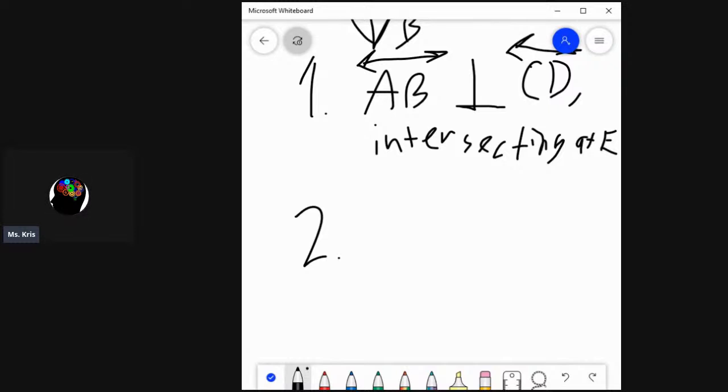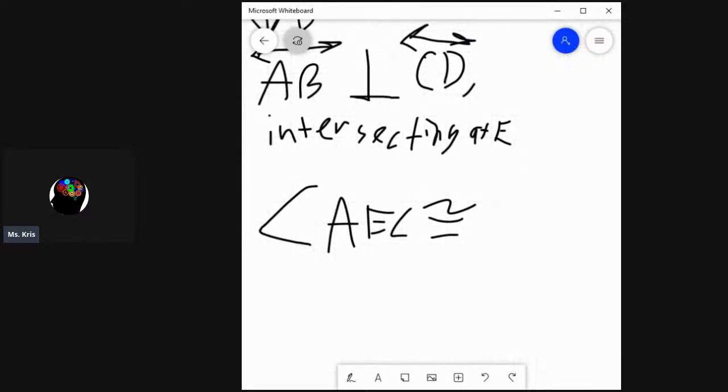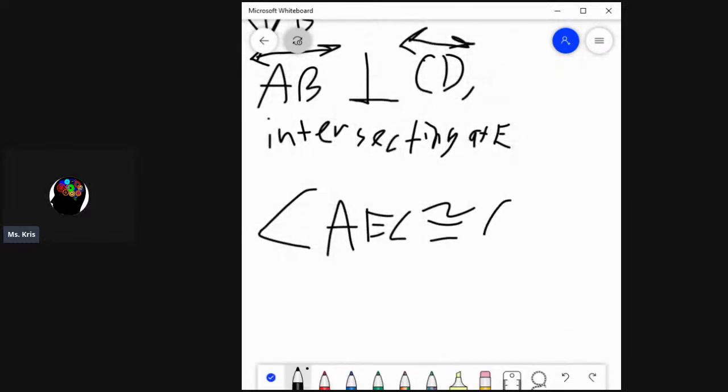2, if AB is perpendicular to CD, then angle AEC is congruent to angle CEB, and that is based off of when perpendiculars meet to form congruent adjacent angles.